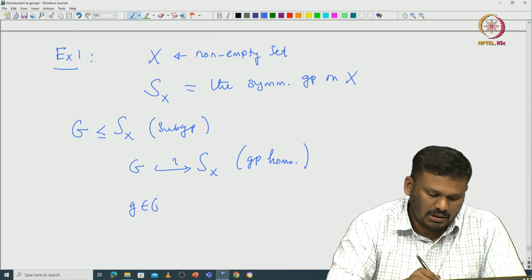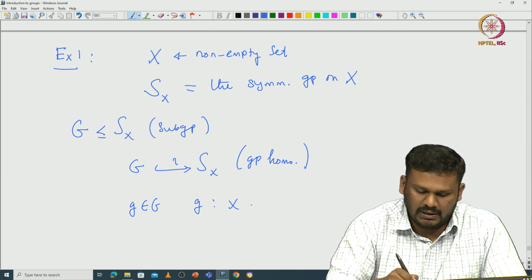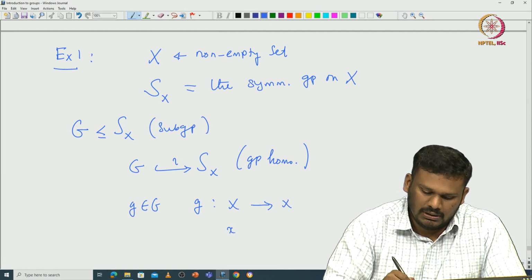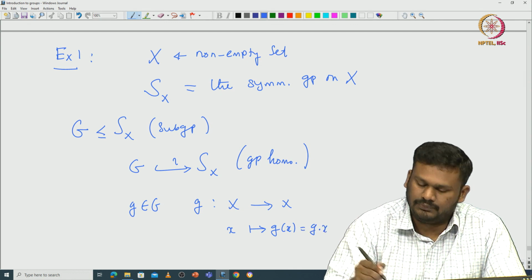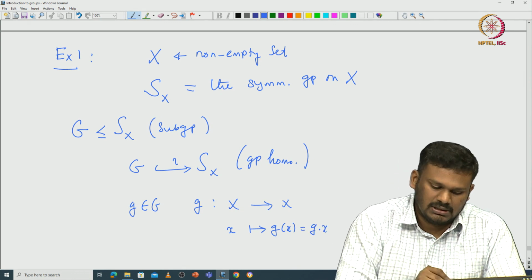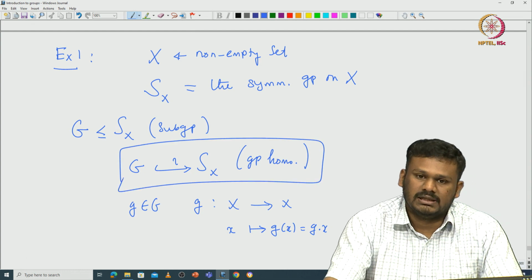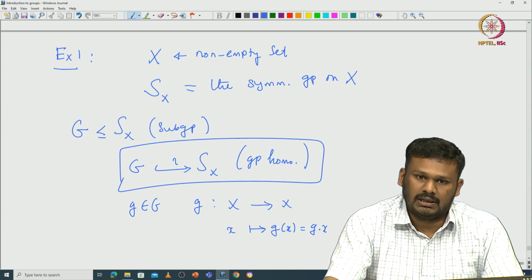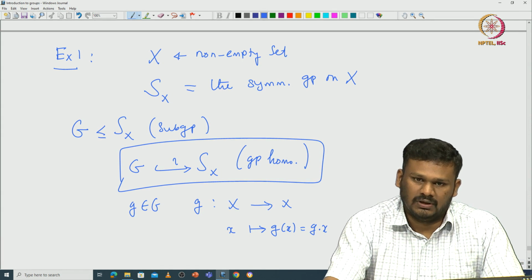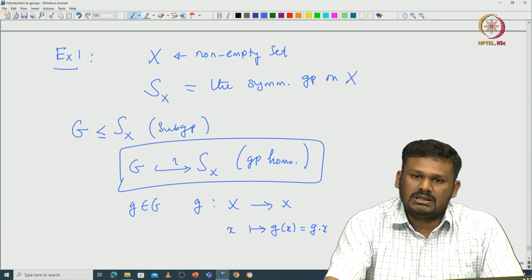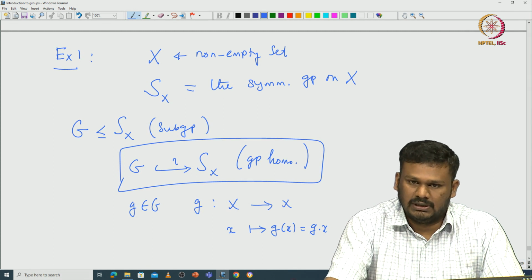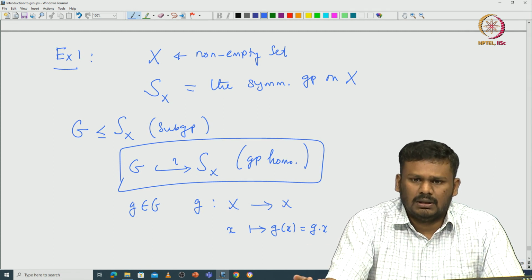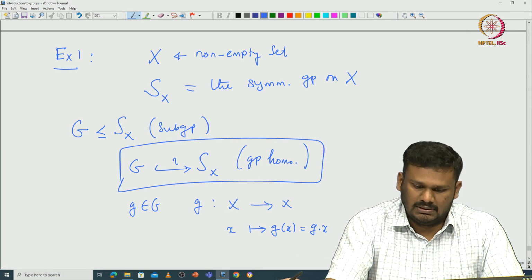Given g in G, this g is already a map from X to X. So, x maps to g of x. That is your g dot x. You can verify easily this is a group homomorphism because it is just an inclusion of G inside Sx. That in particular gives you the action of G on capital X via this inclusion. Now, if you take G to be Sx, it will be just naturally that Sx acts on X.